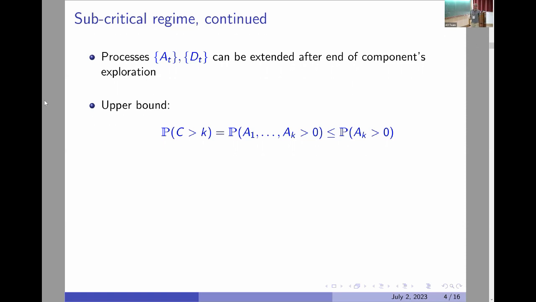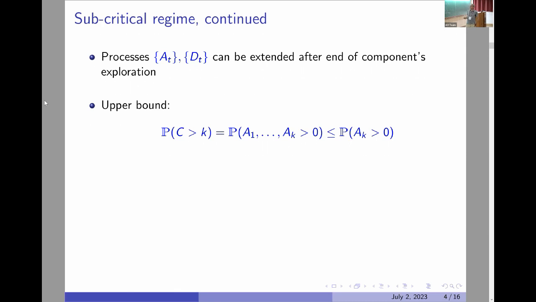And so to get the subcritical phase, what you would do then is to say, okay, my two processes make sense in terms of my random graphs only until I hit 0. After I hit 0, there's no meaning to those constructs, but nevertheless, I can continue the process arbitrarily in time.